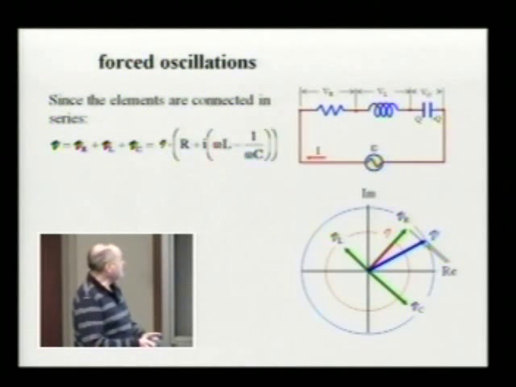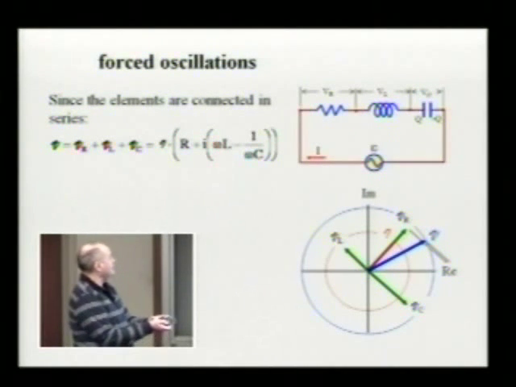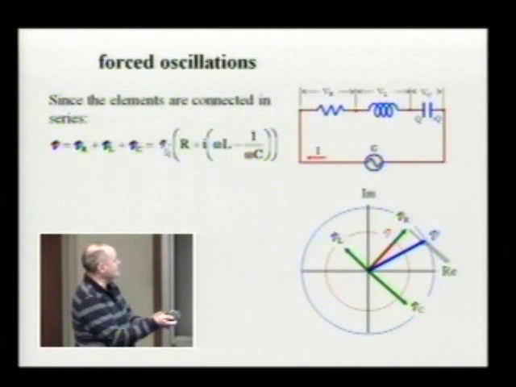Complex impedance of the inductor is i omega L. And complex voltage across the capacitor is equal to complex current through the capacitor multiplied by the complex impedance of the capacitor, which is minus i over omega C.